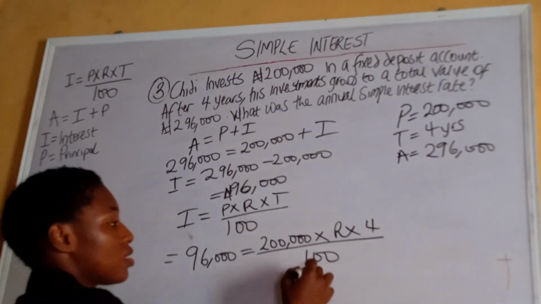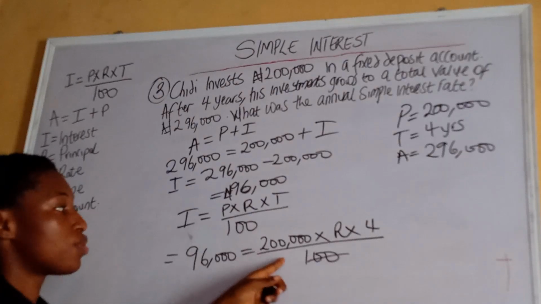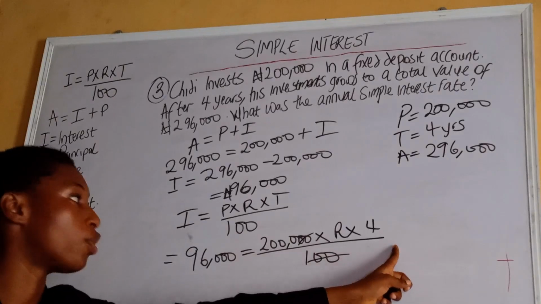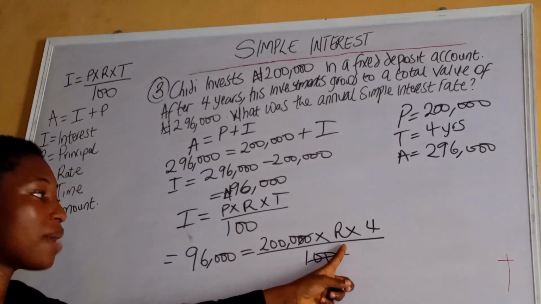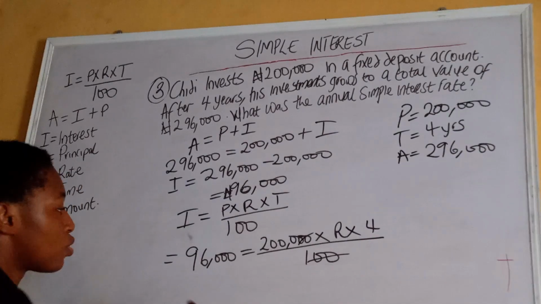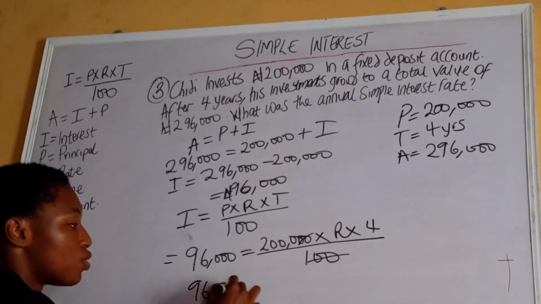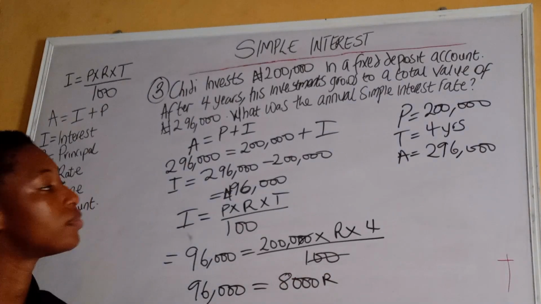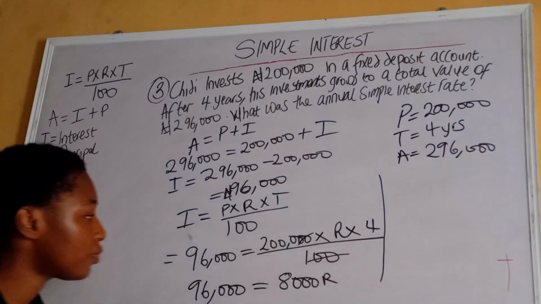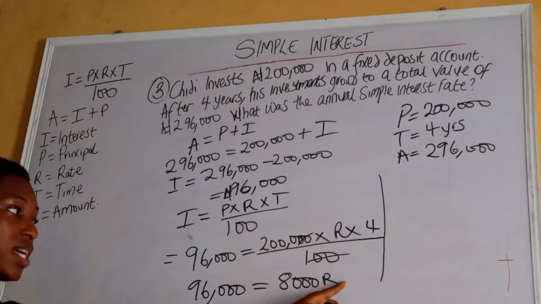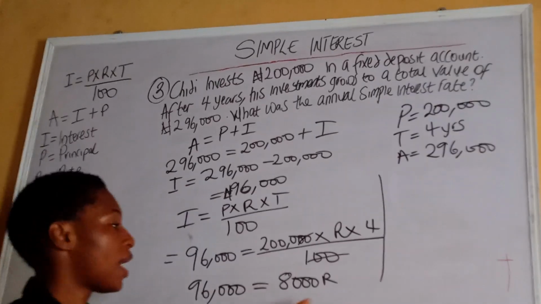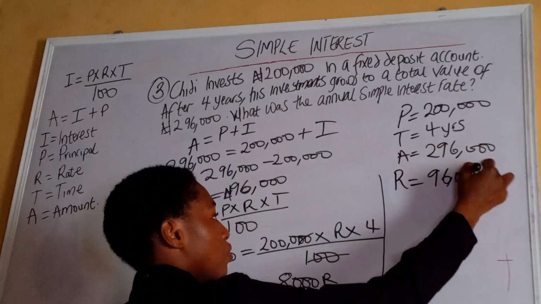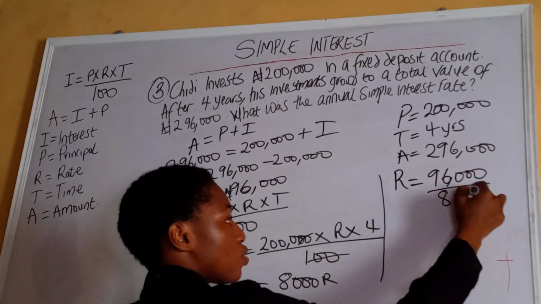What I can do straight up is this. If you divide 200,000 by 100, you will have 2,000. So 2,000 times 4 years is 8,000. Times R, that's 8,000 R. So I have 96,000 is equal to 8,000 R. I can divide both sides by 8,000 to get R. So my R becomes 96,000 divided by 8,000.